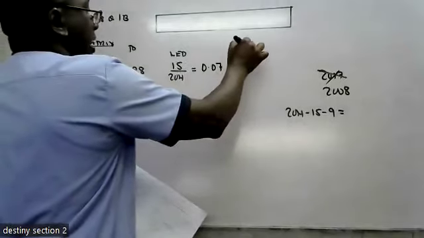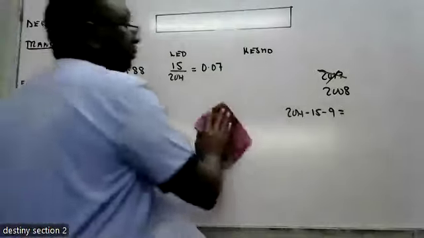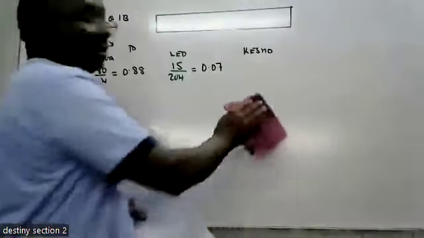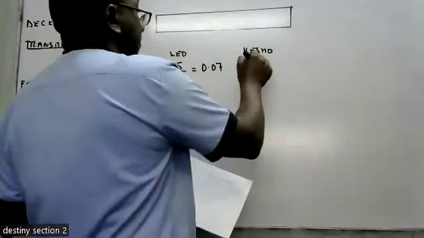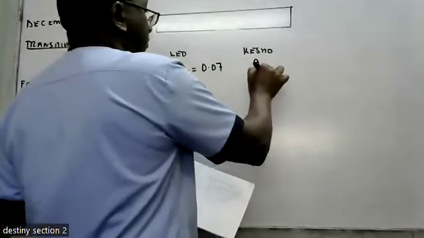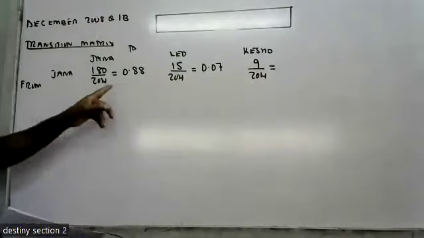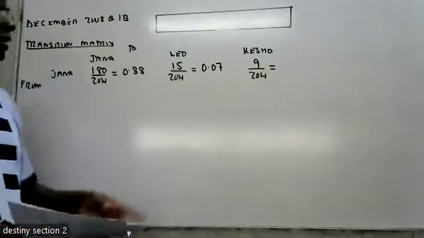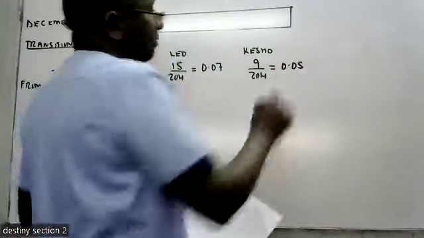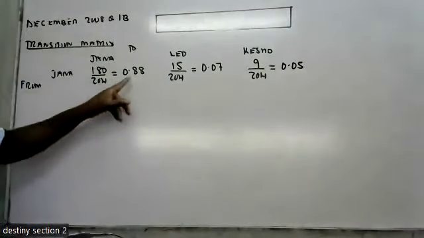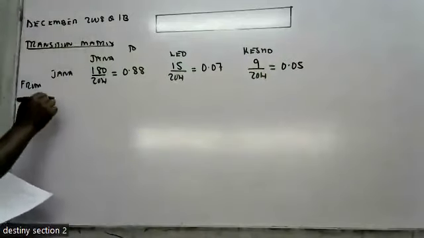And then when I come to Kesho, I have 9, so 9 out of 204. It is advisable because of the error that we make in the rounding. Here, at the end, you get it as 1 minus these 2 others. So if you do that, that would be 0.05. So that you are sure that this plus this plus this, they get 1. That is about Jana. Let's come to Leo.